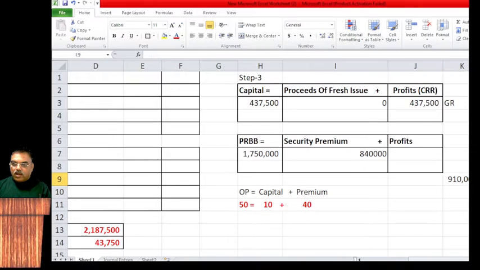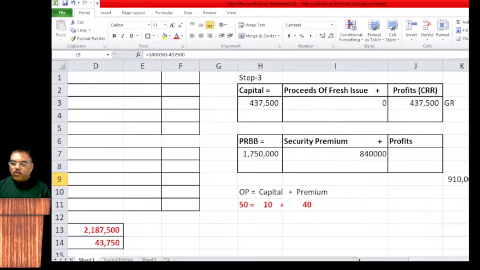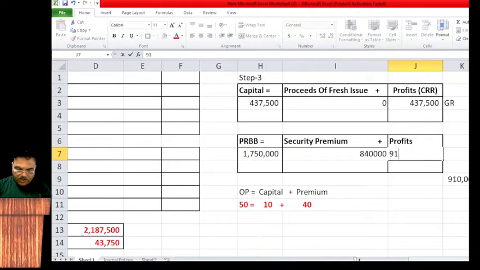Out of that 14 lakh, we used 4,37,500. So how much amount is left? The amount left is 9,62,500. That is more than enough to cover this 9,10,000. So we can utilize this 9,10,000 here.